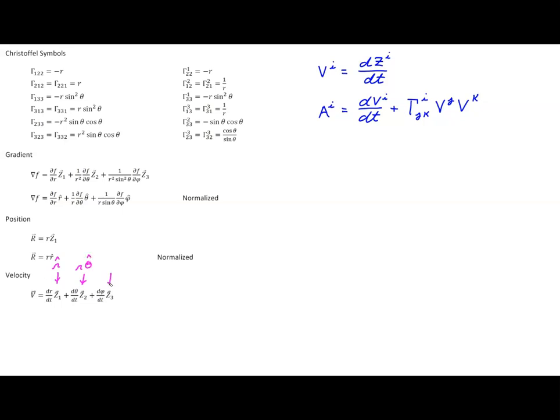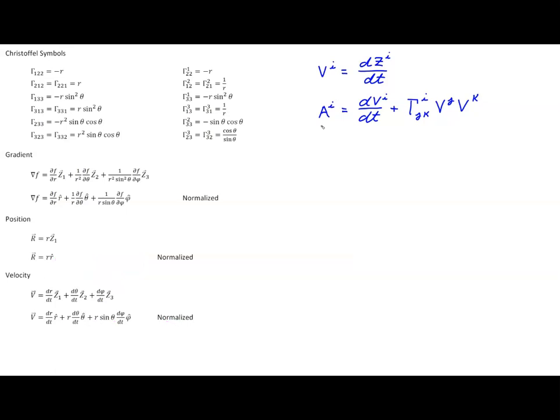And z3 has a magnitude of r sine theta, so we can replace it with r sine theta phi hat. And when we do that, we get the normalized form that looks like this, factor of r and r sine theta added to normalize the result.